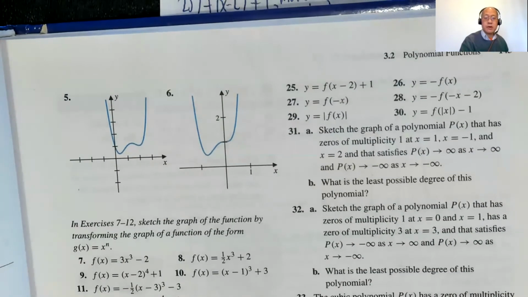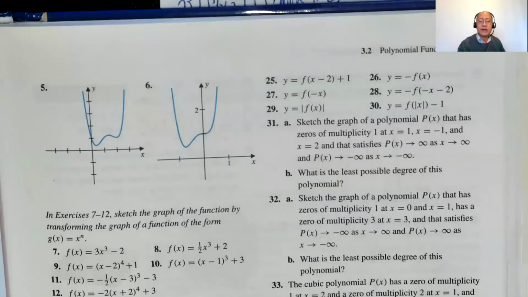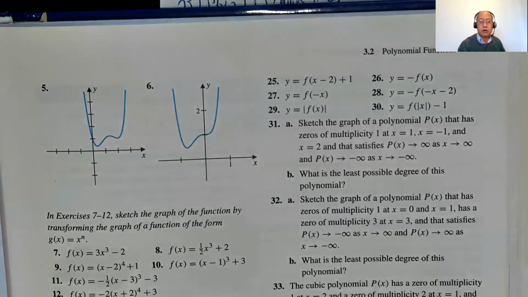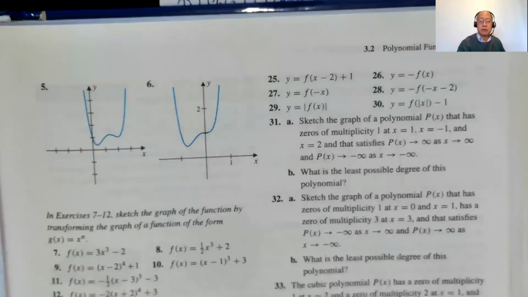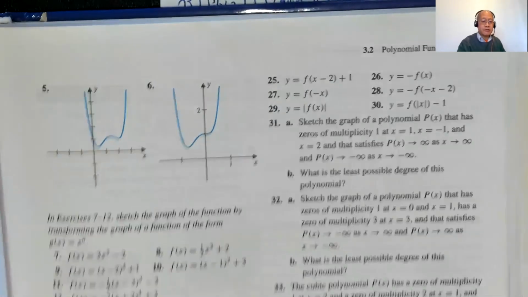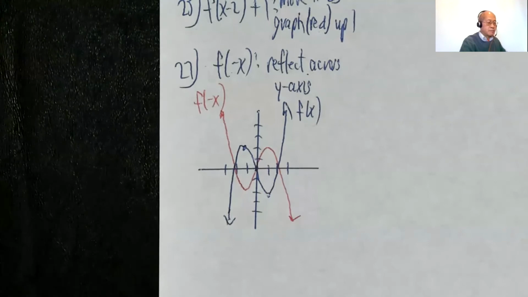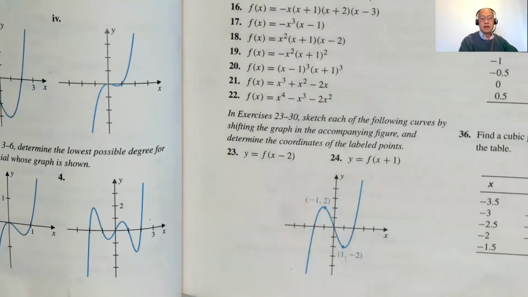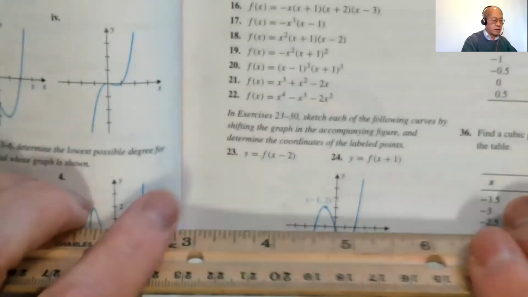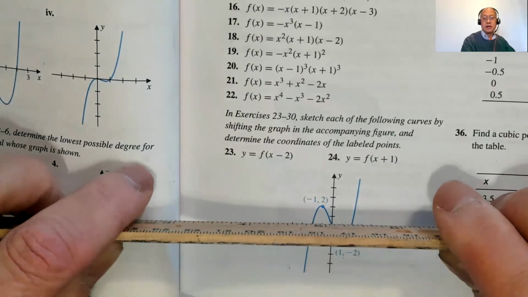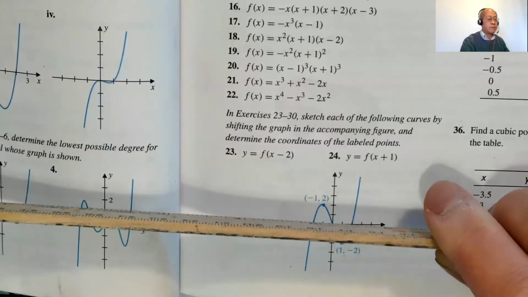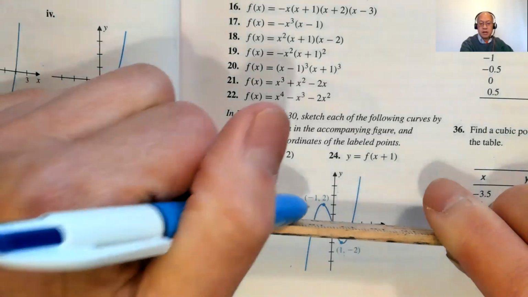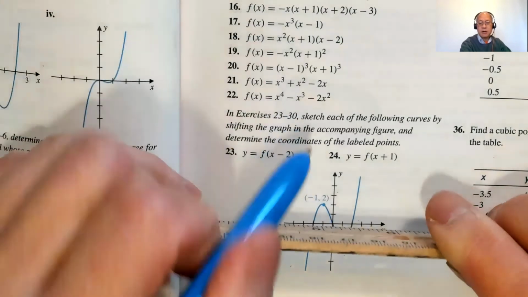Okay, and you should be comfortable with 29. Absolute value of f of x, right? The part that's below the x-axis bounces up above the x-axis, and anything that's above the x-axis stays the same, right? So for part 29, this part here bounces over here.